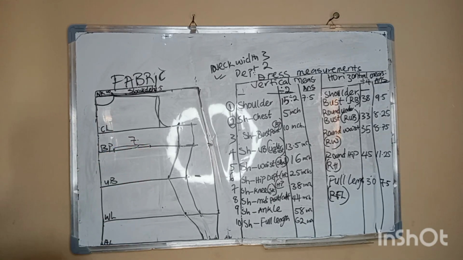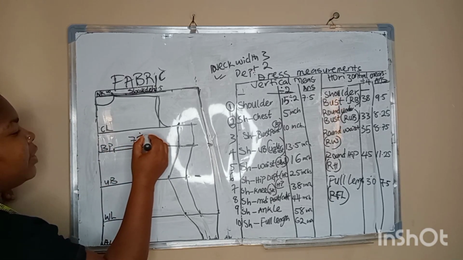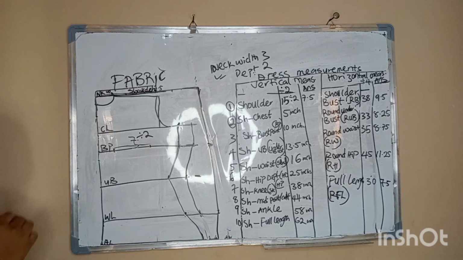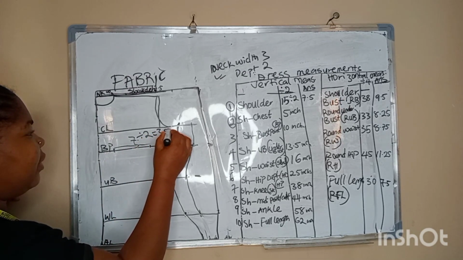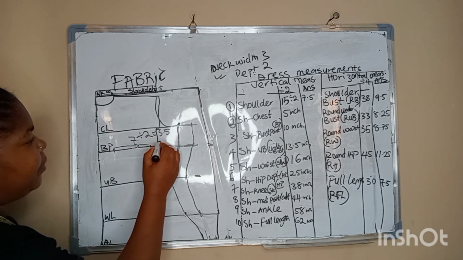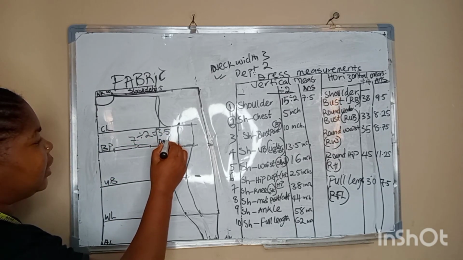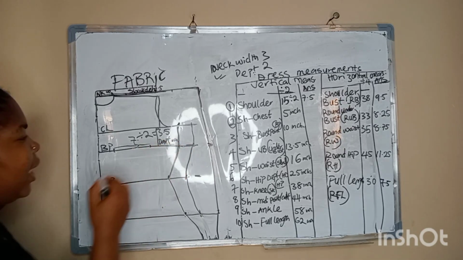For you to get your dart, you're going to divide your 7 inches by 2, and that will give you 3.5. So this 3.5 is your dart measurement or your dart length, right?